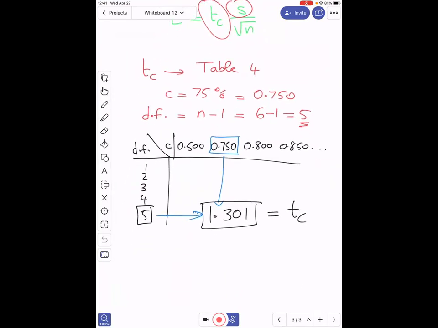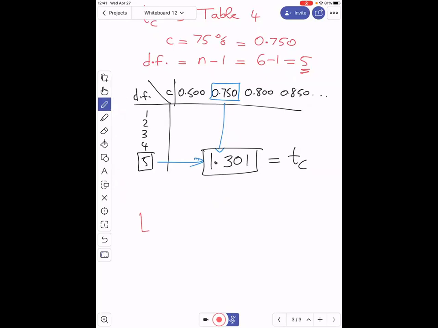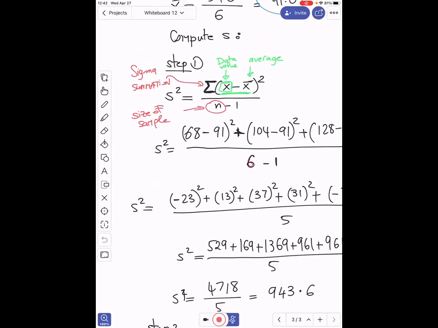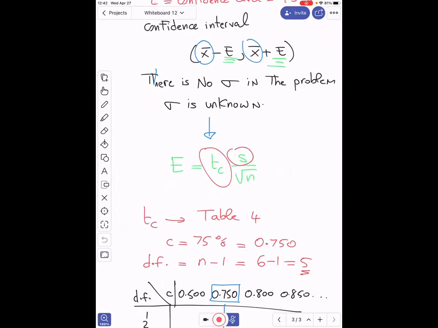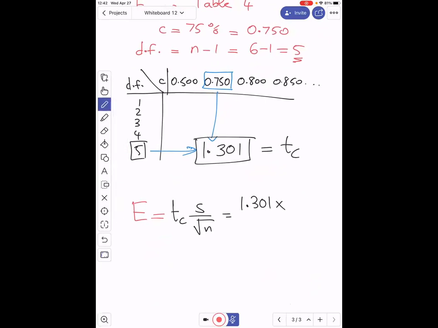So for this margin of error, E would be equal to, let me write down the formula again, 1.301 times S. S is the sample standard deviation that we computed in A, so it's 30.71, over square root of N. N is 6. We have 6 lions, so it's square root of 6.